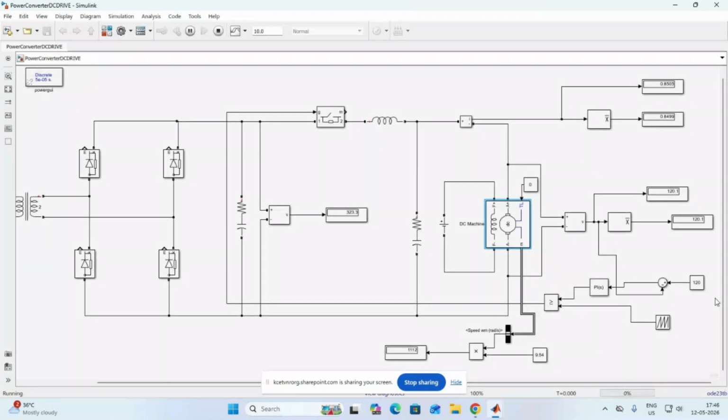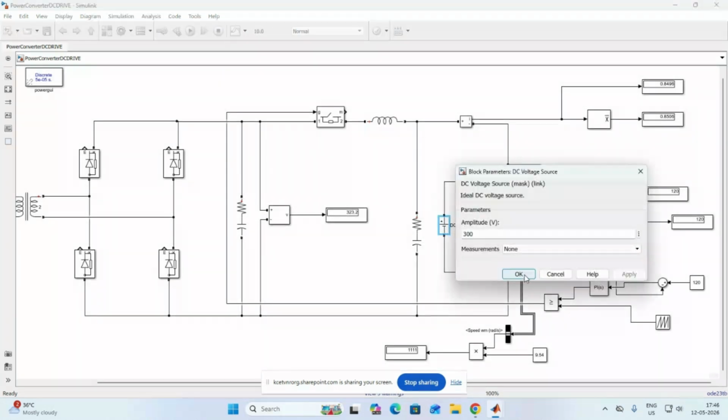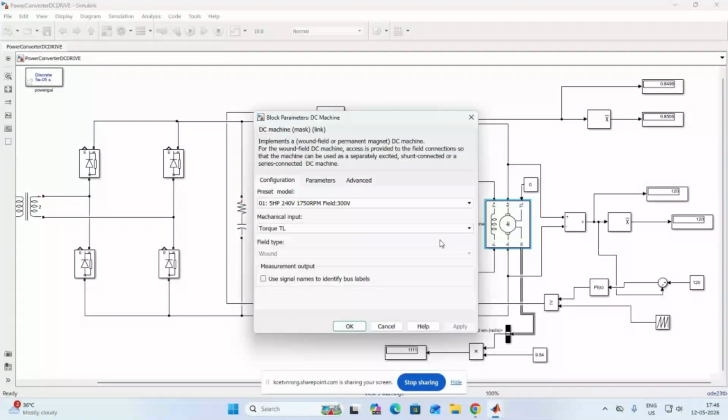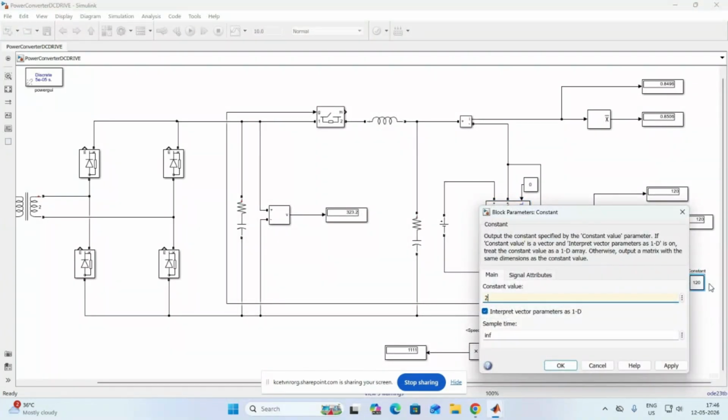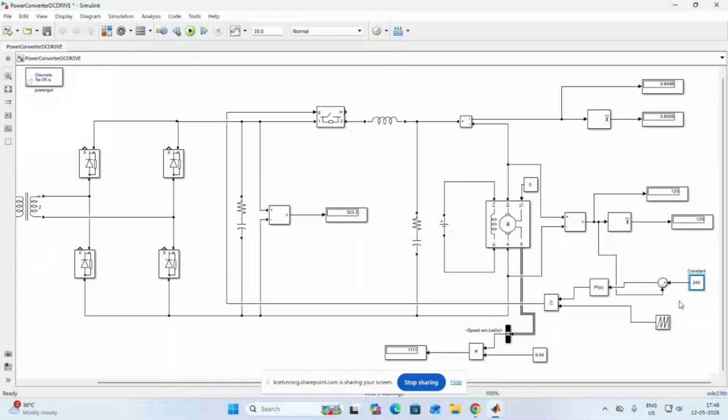See, I am giving 120 volt set voltage and I am giving 30 volt to the field terminal. But actually, the field is 300 volt and armature is 240. So I am varying voltage for the armature. Set voltage is changed to 240, so the output voltage at the terminal becomes 240 after simulation.